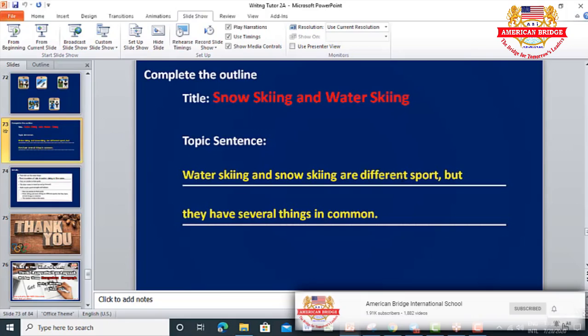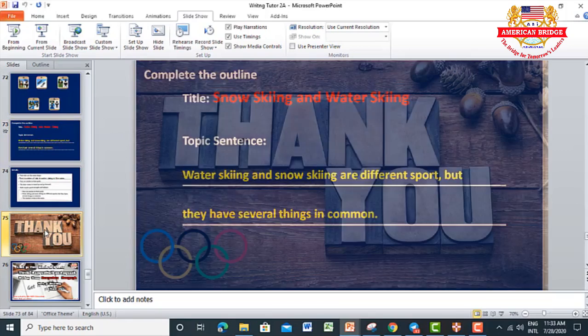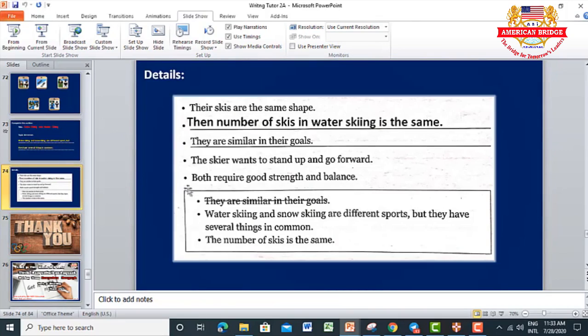Meaning you write it to show the contrast, not to show the things in common or similarity. Okay, so we move to the next one.